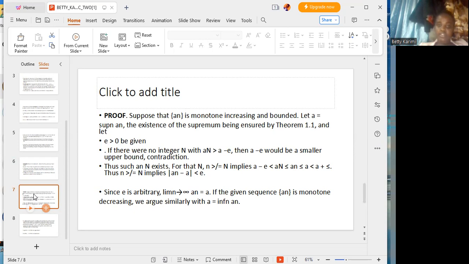Thus such an N exists, and for that N, n greater than or equal to N implies a − epsilon less than a_N less than or equal to a_n less than or equal to a less than a + epsilon, so |a_n − a| is less than epsilon. Since epsilon is arbitrary, the limit as n approaches infinity of a_n equals a. If the given sequence (a_n) is monotone decreasing, we argue similarly with the infimum over n of a_n.